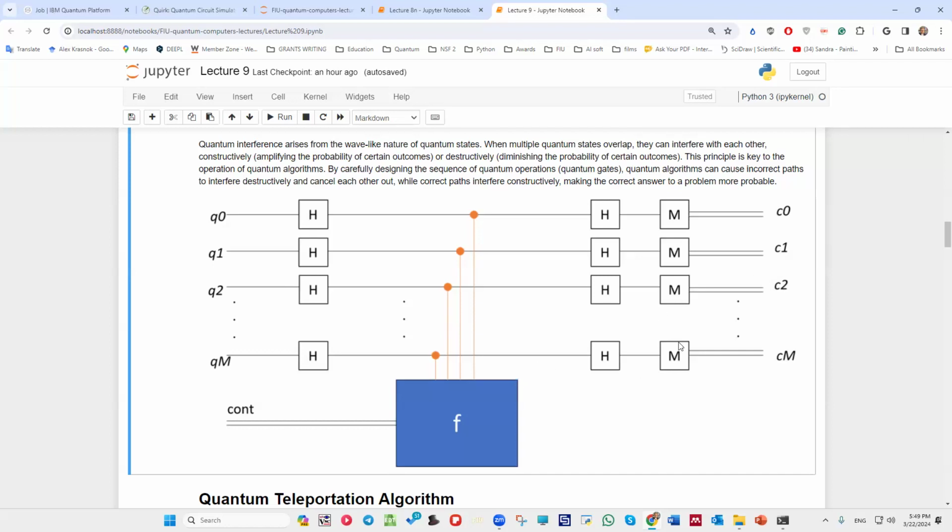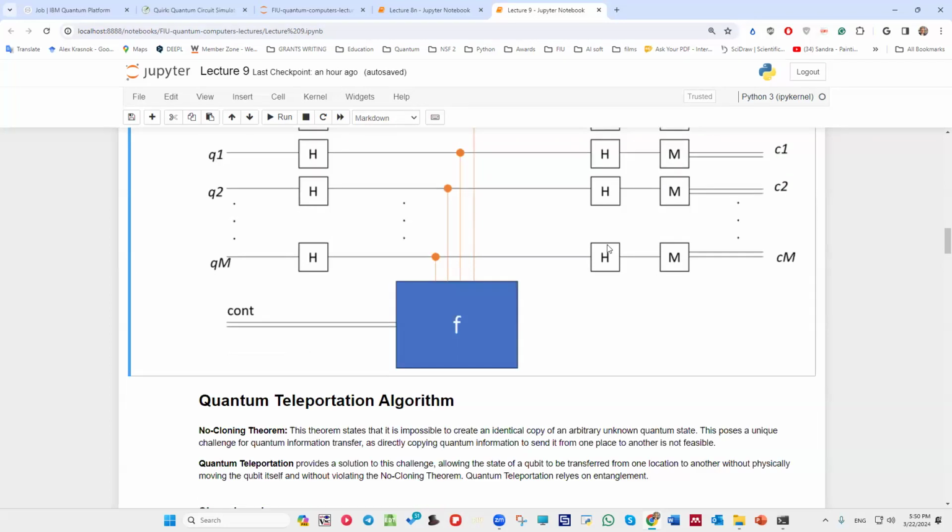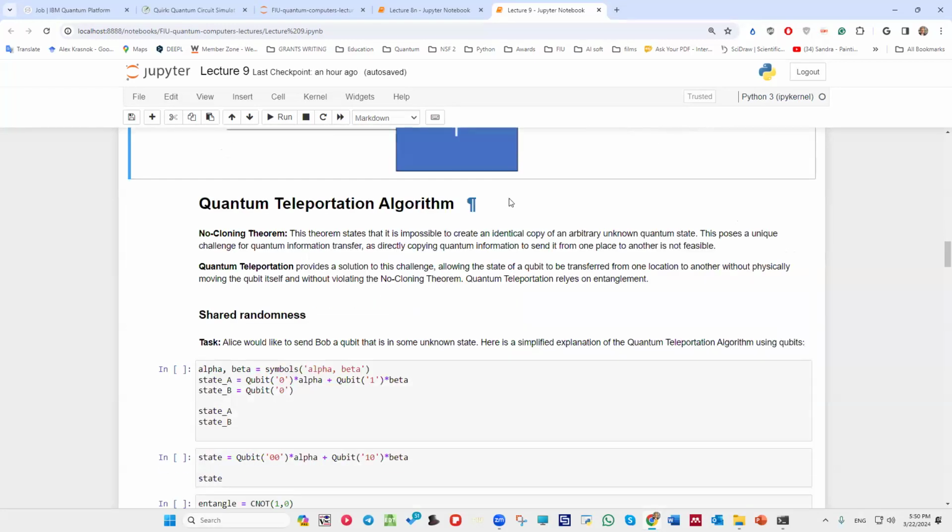So I create the algorithm that changes all the phases of the qubits in a way that they sum up to maximize the answer of C2. So this is the concept, more or less fair for almost any quantum algorithm.